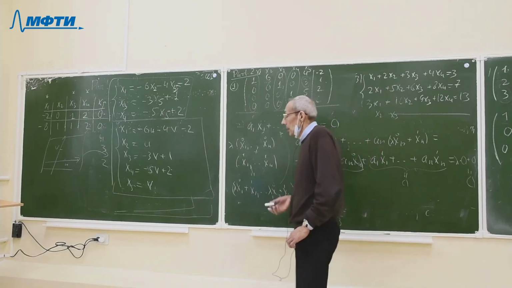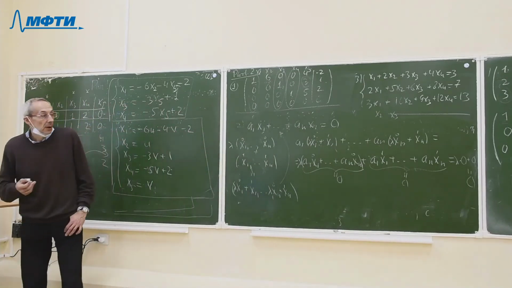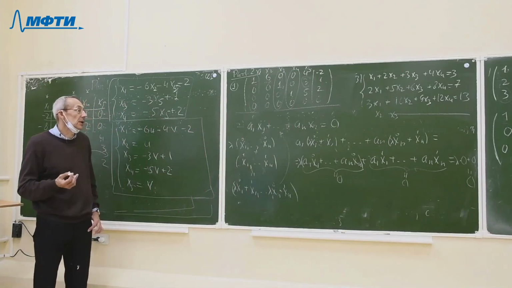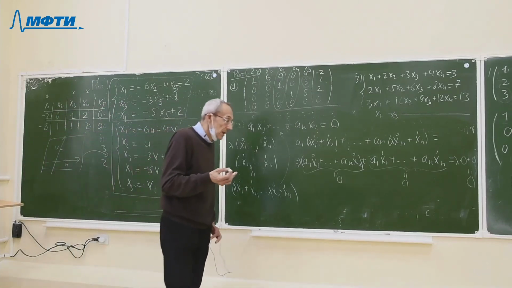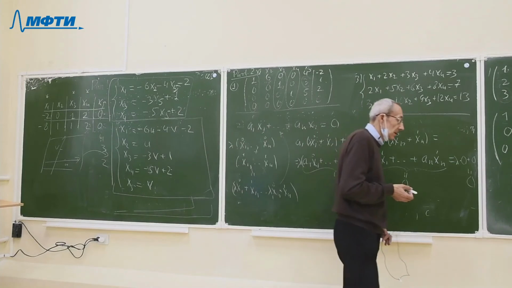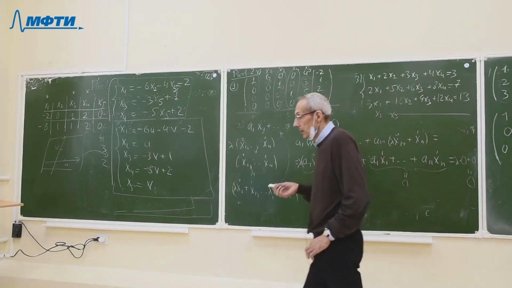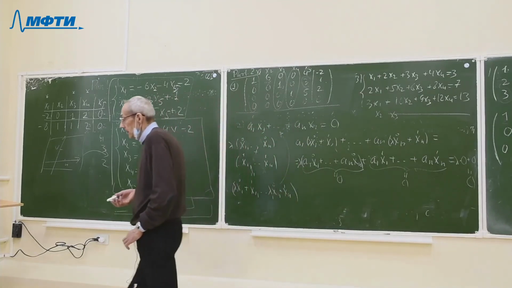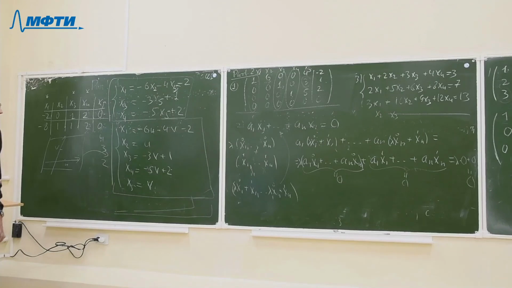If we have more than one equation, if we have a linear system of linear equations, in this case we have the same reasoning. This reasoning is true for any equation of the linear system. Therefore, this reasoning is true for the linear system.